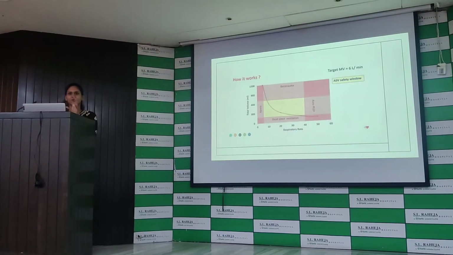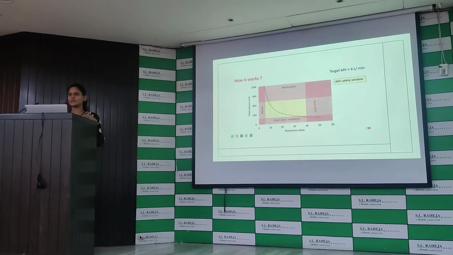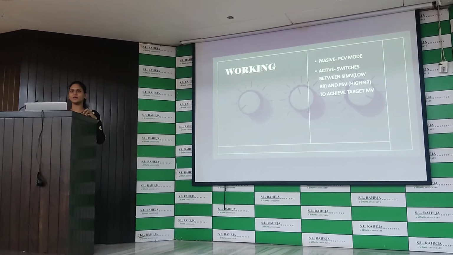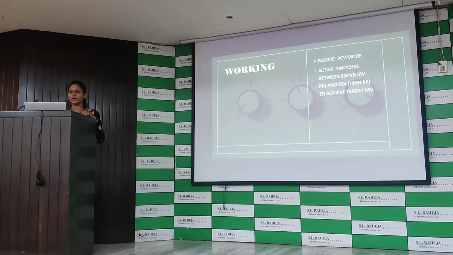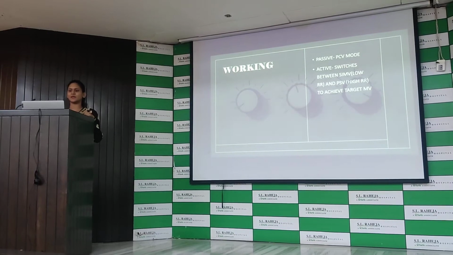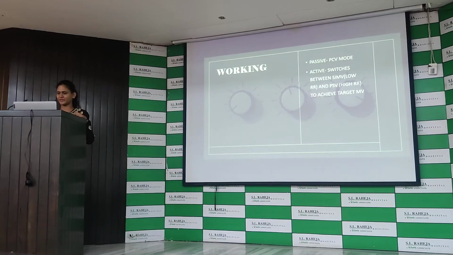And then it will do the maneuvers to bring the respiratory rate and tidal volume into the safety window. Now in a passive mode, it works like a pressure control mode, and in an active mode, when the patient is breathing, it will switch between the SIMV mode and the PSV mode, okay, to achieve the target minute ventilation.